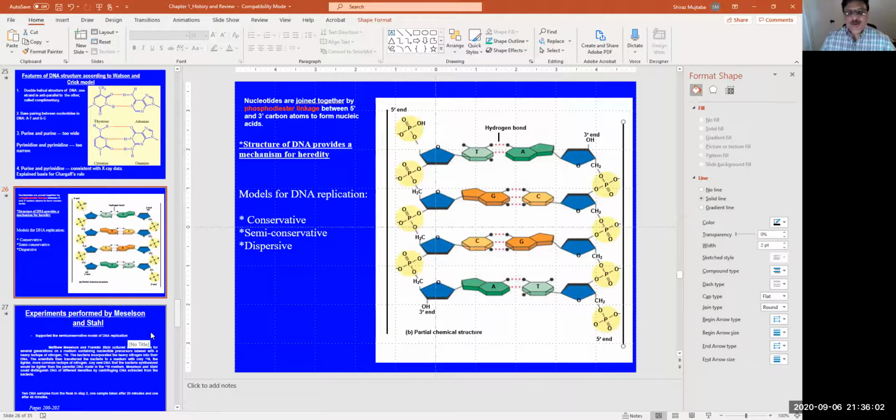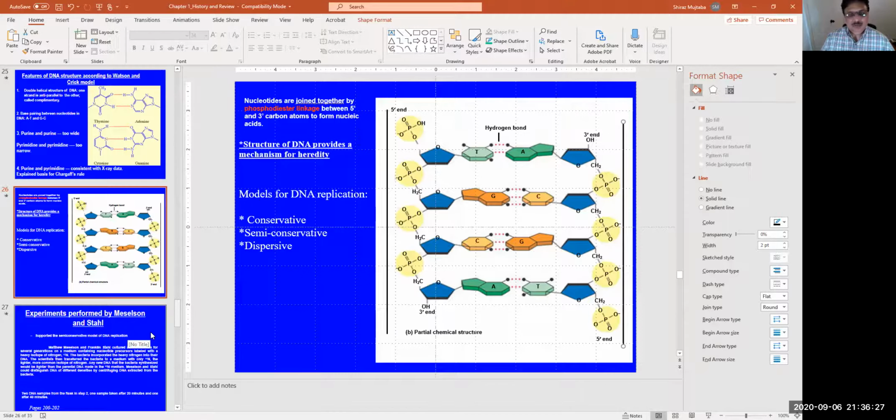Now, by this point it was established, starting from the discovery of the microscope, cells, cell theory, nucleus, Mendel, Morgan, Barbara McClintock, Fred Griffith, Oswald and Avery, and Hershey and Chase, that DNA is the genetic material.